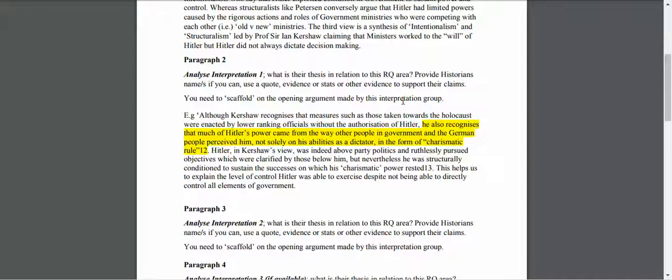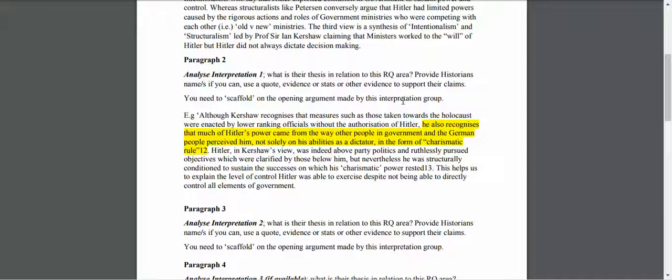If A.J.P. Taylor's the one providing the opportunistic argument, you could say A.J.P. Taylor suggested that Hitler was never more than a few days or weeks in making his calculations for foreign policy, that these things were reactions to short-term shifts in international relations. That's great, because you've then piggybacked Taylor onto the opening interpretation, and that's being specific, and that's going to work very well.